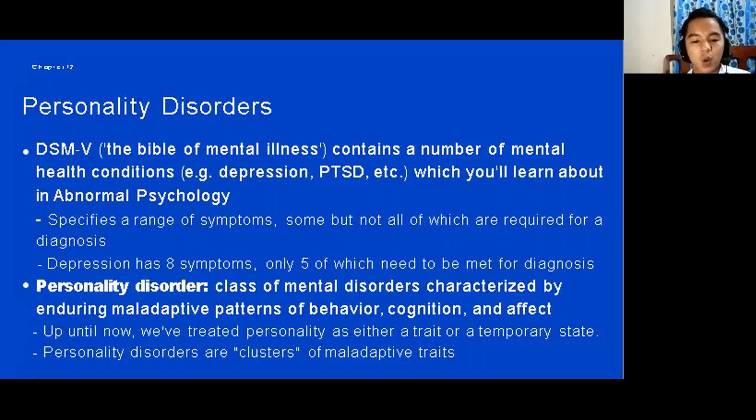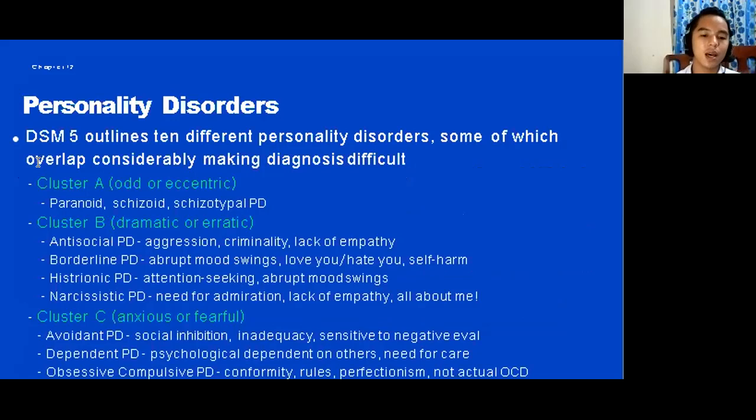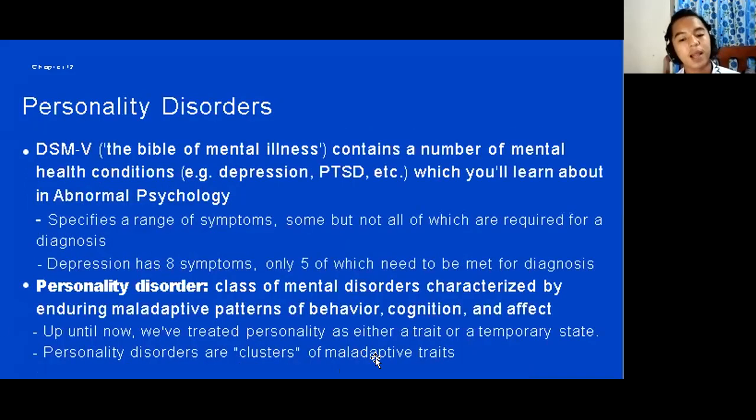So up until now, we've treated personality as either a trait or a temporary state, and personality disorders are clusters of maladaptive traits. Moving forward, the DSM-5 outlines 10 different personality disorders, and some of them overlap considerably, making diagnosis difficult. As I have mentioned, a personality disorder is a cluster of maladaptive traits.